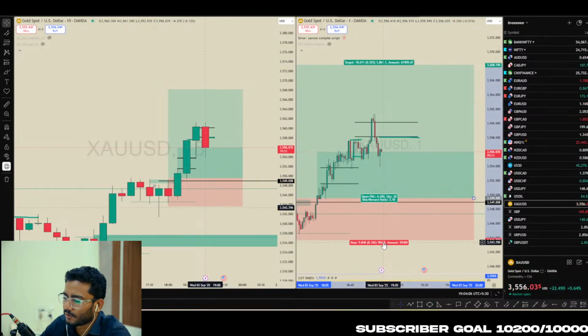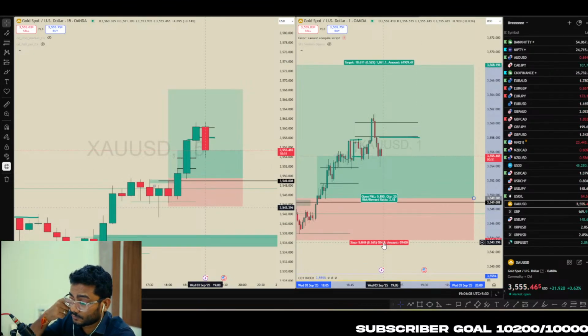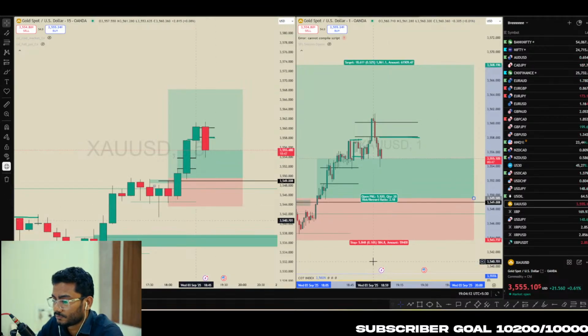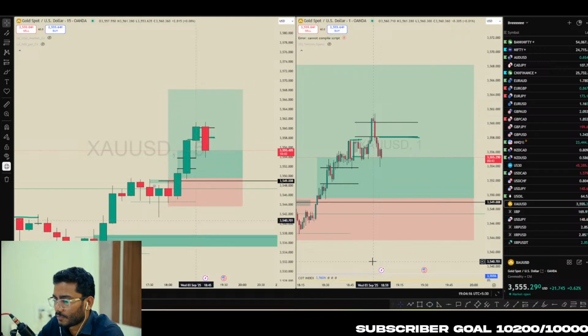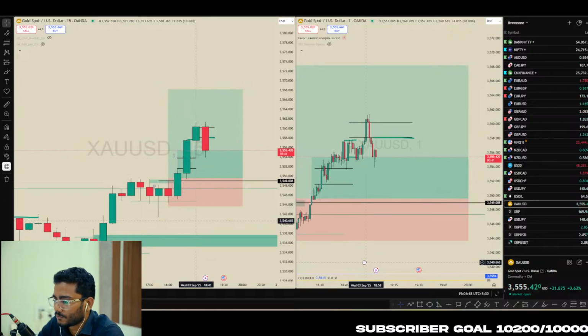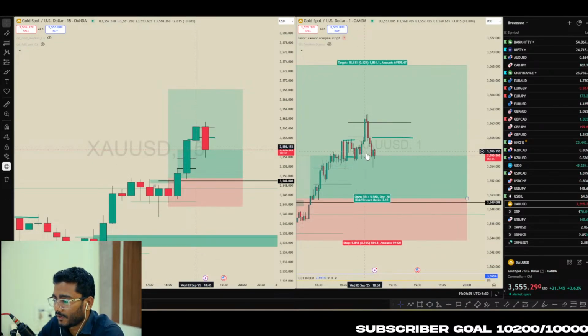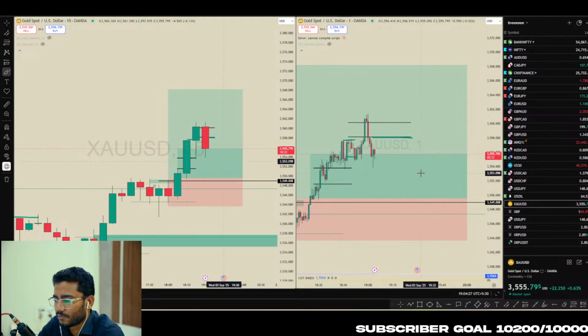Yes, you can look for entry over there. But I think price will just sweep these lows instead of sweeping all this liquidity.